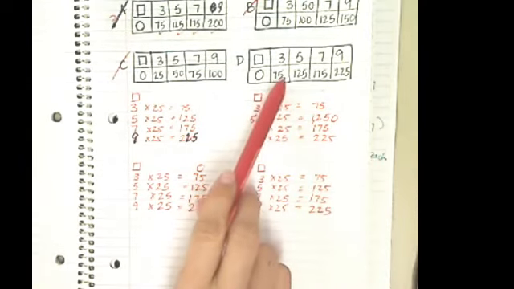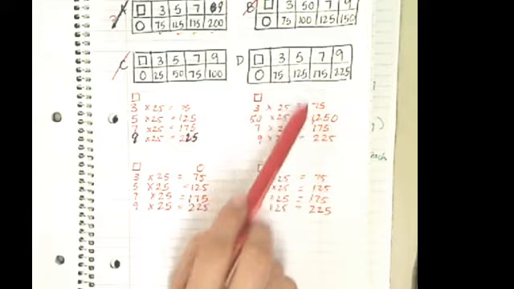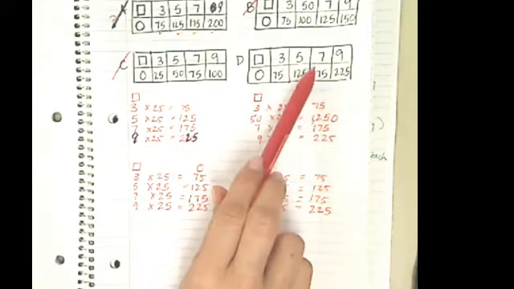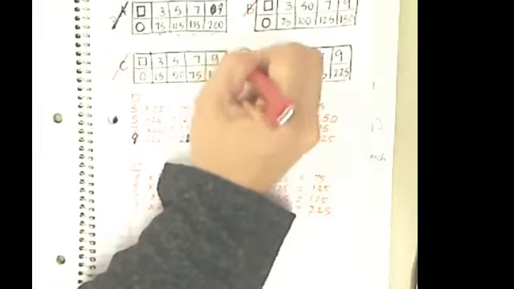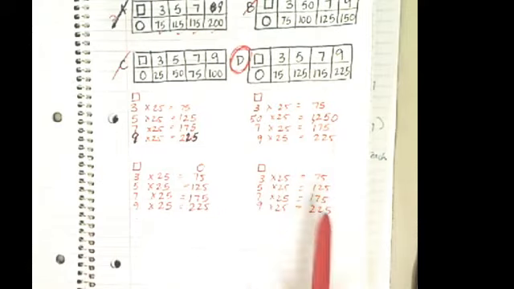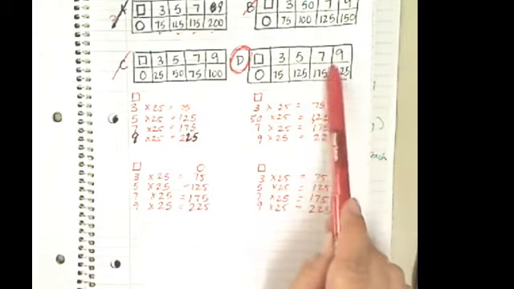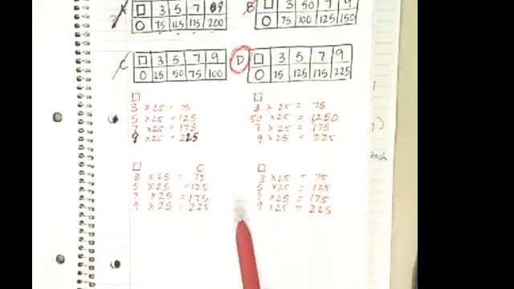This one, 75, that one checks out. 125, that checks out. 175, that one checks out. And 225. This is the one. D is the correct answer choice because all of these values of square, when you multiply times 25, you get all of these values of circle.